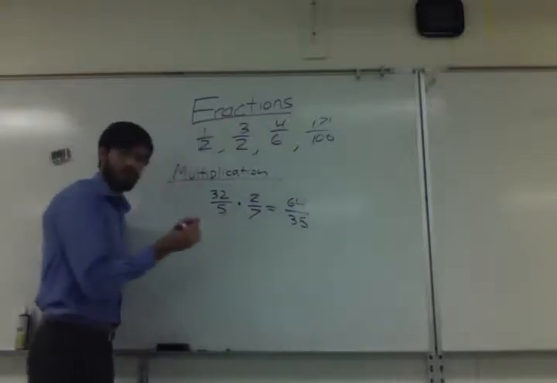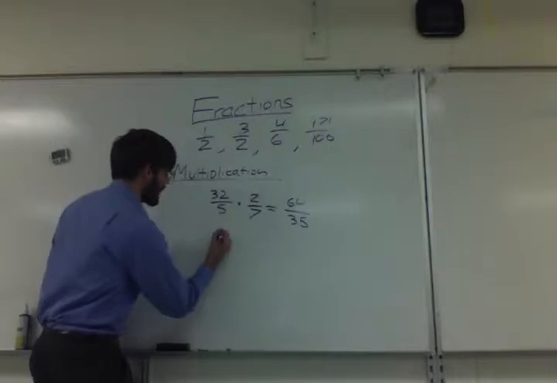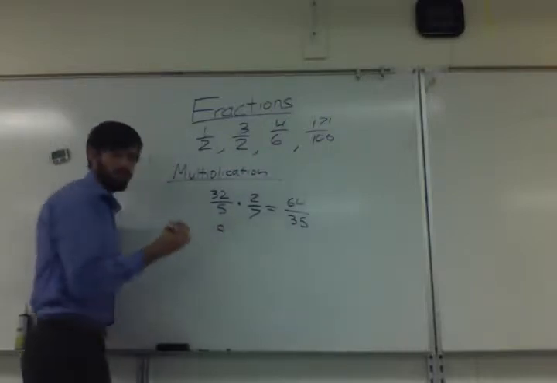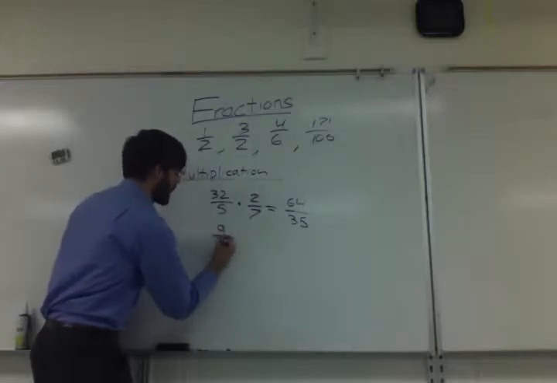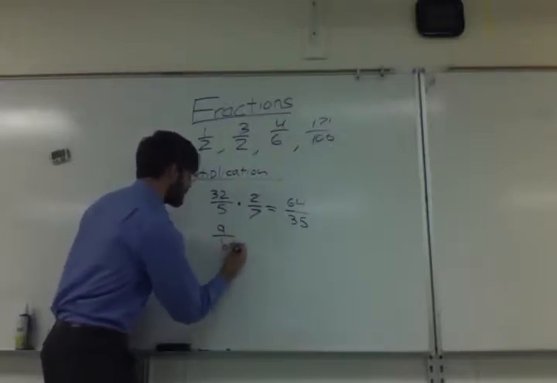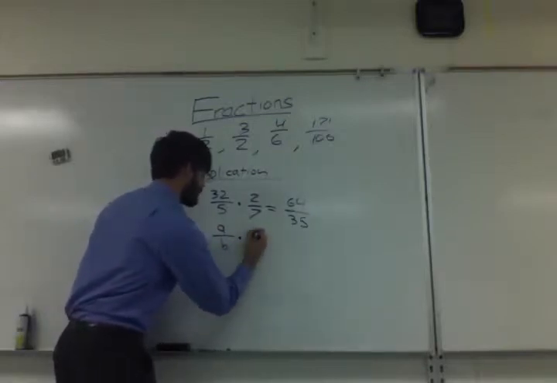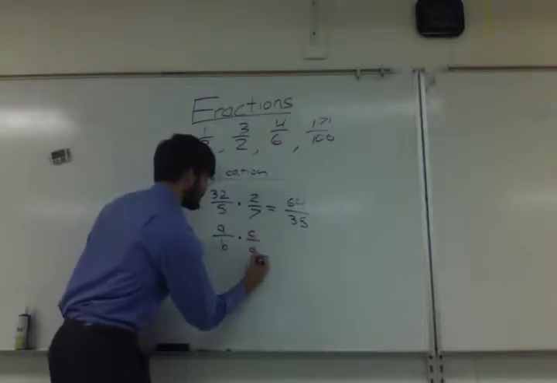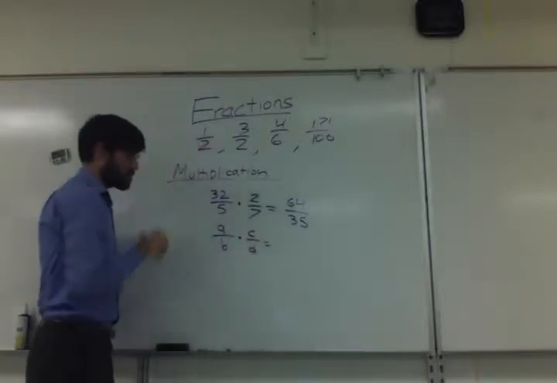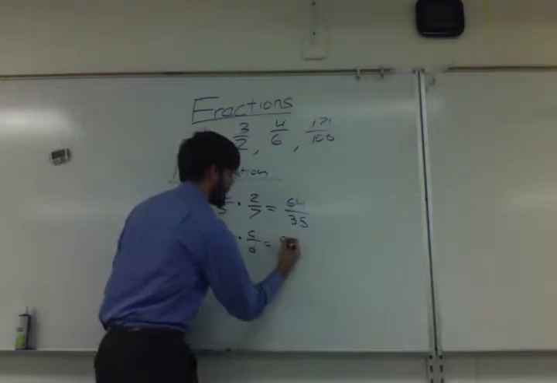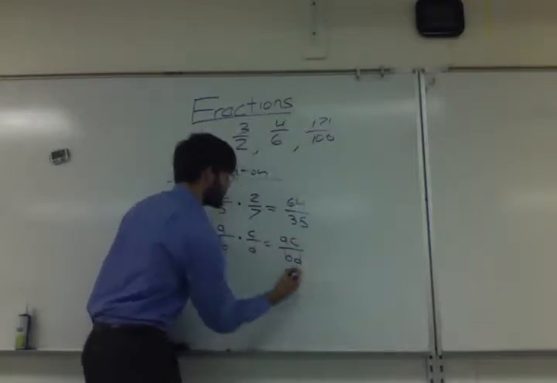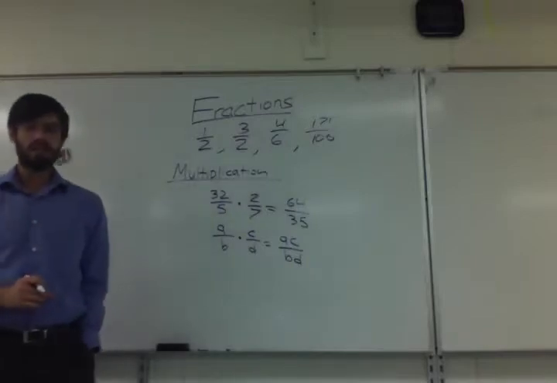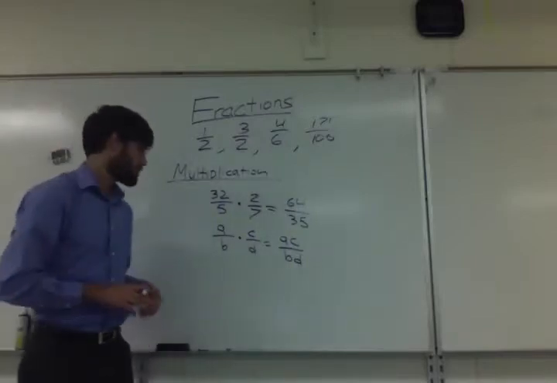To write this out in a general way, I could say that for any whole numbers a, b, c, and d, if I had the two rational numbers a over b times c over d, the result of the multiplication would be ac over b times d.